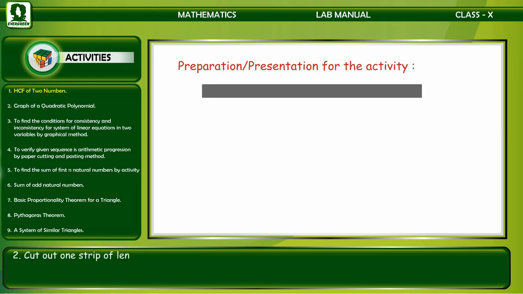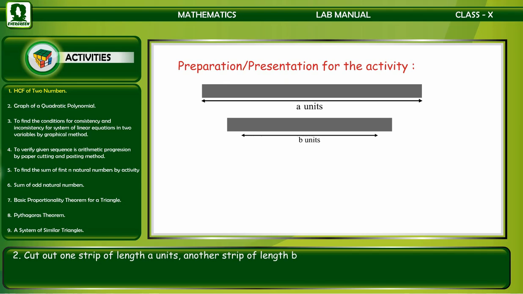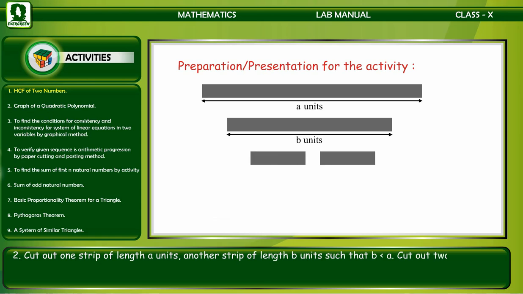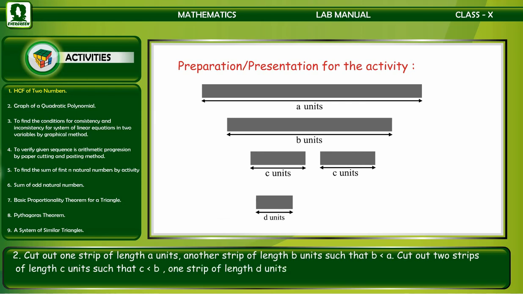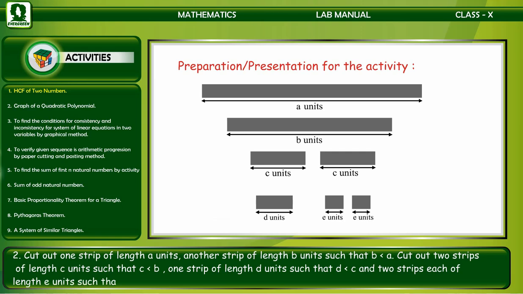Cut out one strip of length A units, another strip of length B units, such that B is lesser than A. Cut out two strips of length C units, such that C is lesser than B. One strip of length D units, such that D is lesser than C. And two strips each of length E units, such that E is lesser than D.